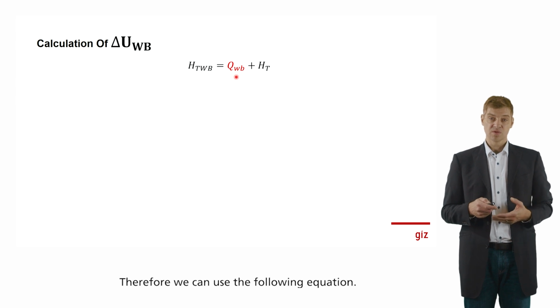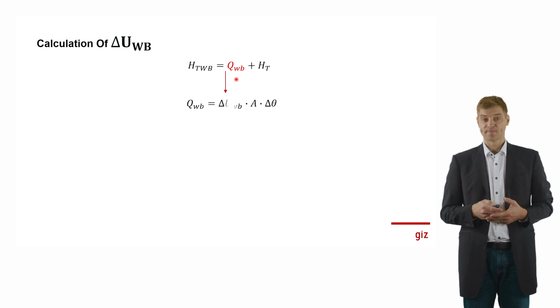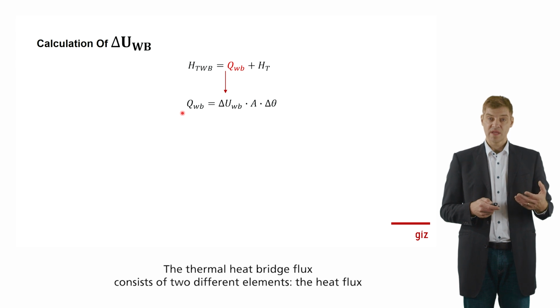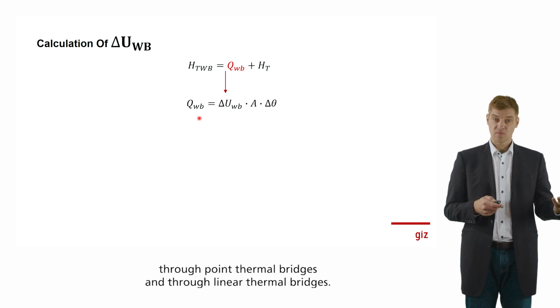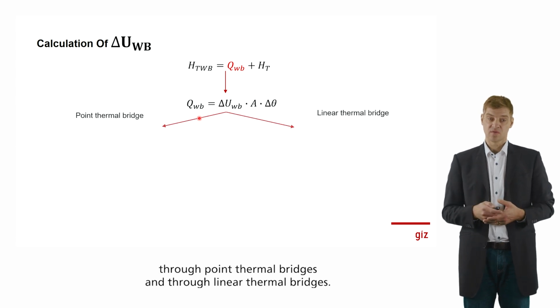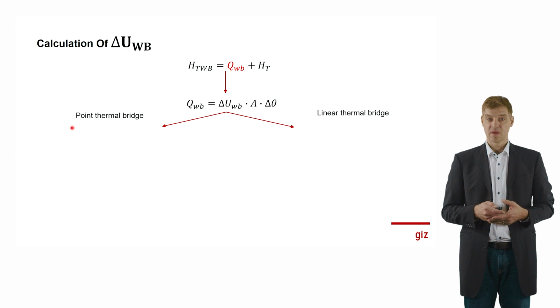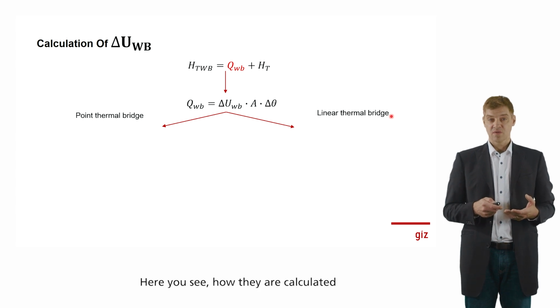Therefore, we can use the following equations. The thermal bridge heat flux consists of two different elements, the heat flux through the point thermal bridges and through the linear thermal bridges. Here you see how they are calculated.